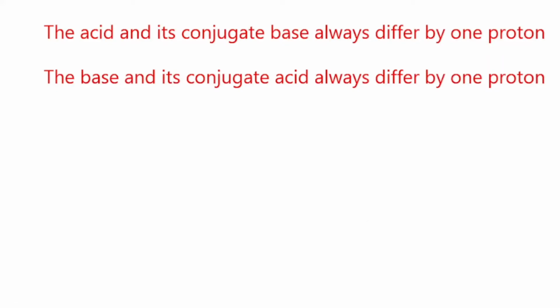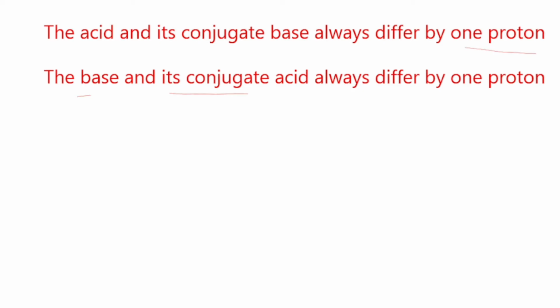So today we are going to discuss the conjugate acid-base pair. First, an acid and its conjugate base always differ by one proton. Similarly, a base and its conjugate acid always differ by one proton.